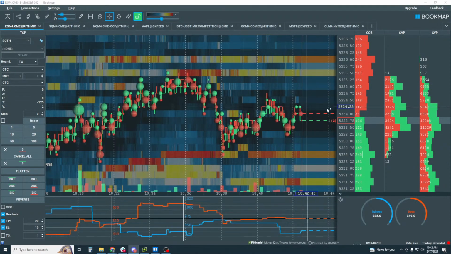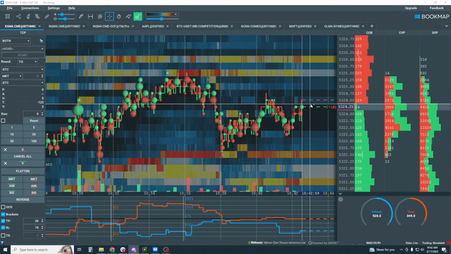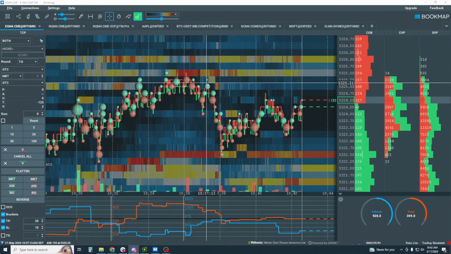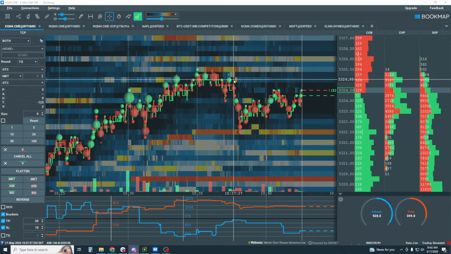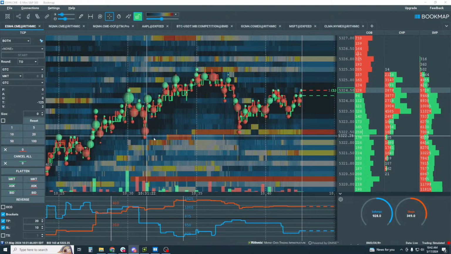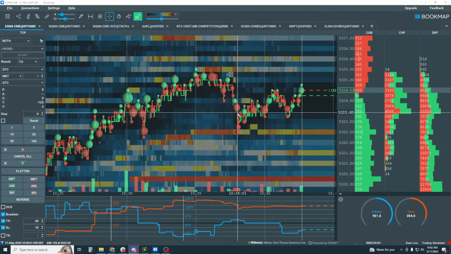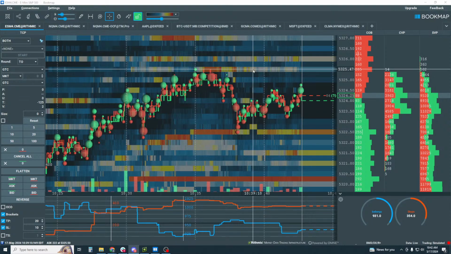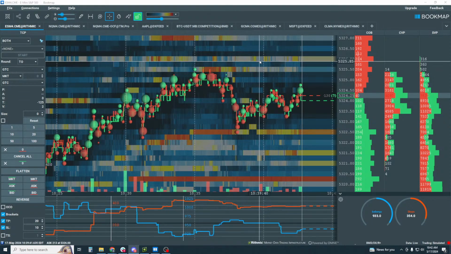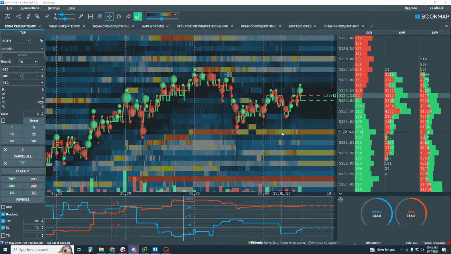But I really wanted to cover this point about this criteria that we're reading here. And it's really all about these three elements: the price structure, the volume or the transactions by the aggressors, and the order flow of the limit sell orders above and limit buy orders below.